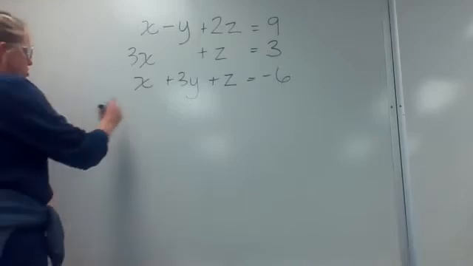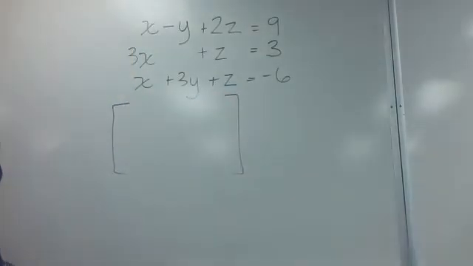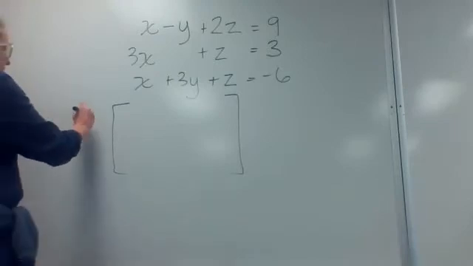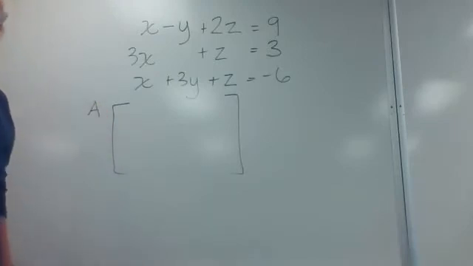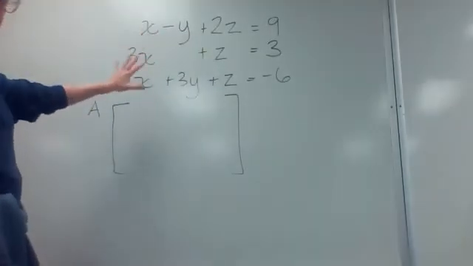So what I'm going to do is use my matrix function in my calculator to solve this. In matrix A, I'm going to use the coefficients of this left side.